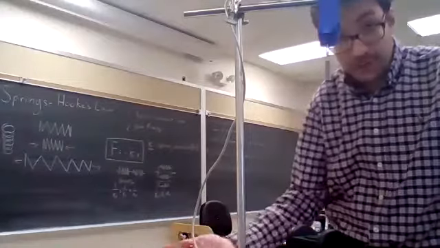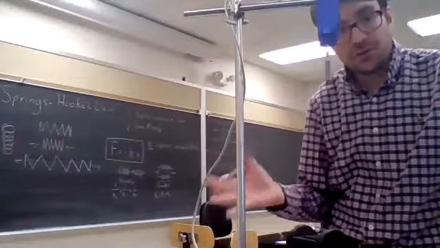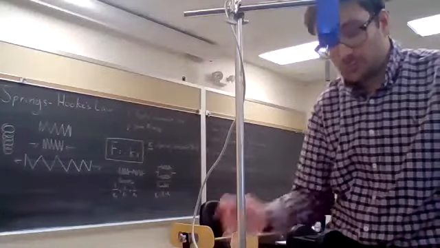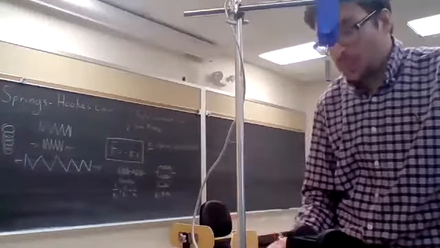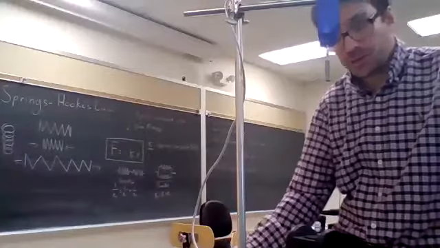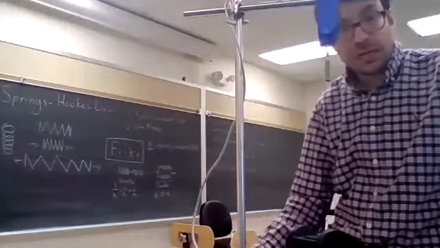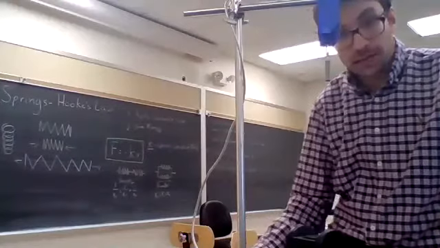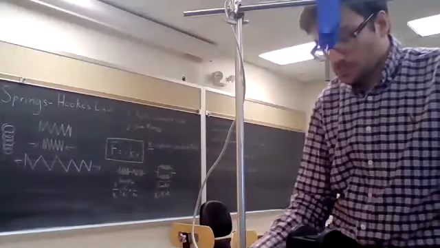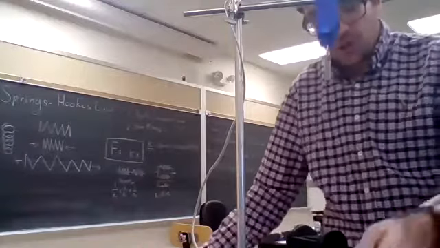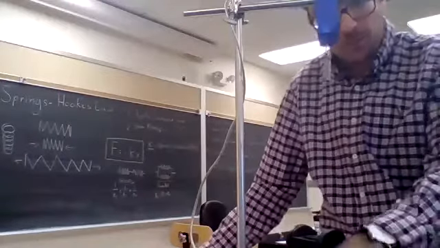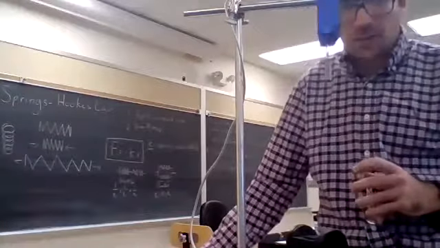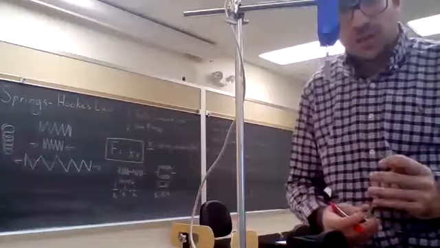In data table 2, we'll figure out the different distances the spring was extended, and compare that with the forces the spring experienced. And just again, a reminder here that the distance from the top of the table to the bottom of the mass holder is not the distance the spring was compressed.